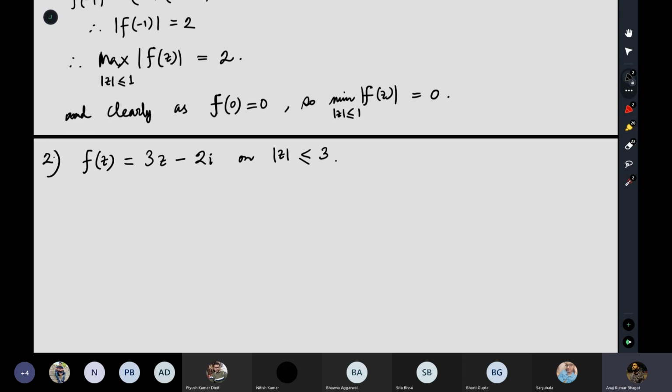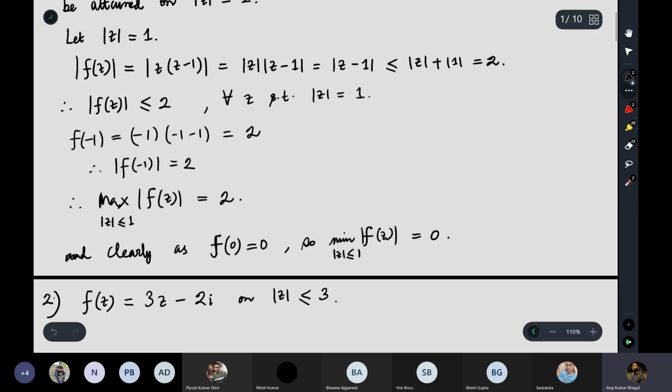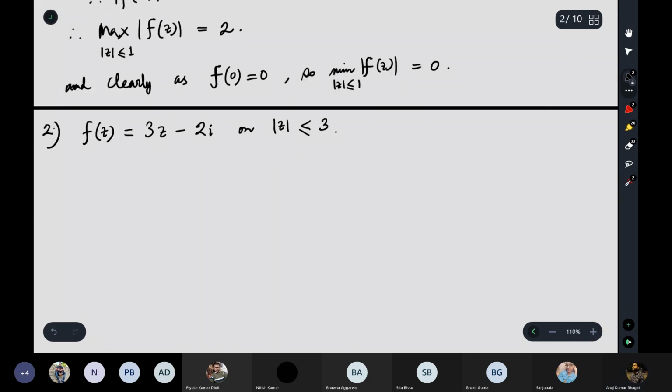If you follow one process this way, then also you can proceed. So one way is this: f(z) is analytic on mod z less than 3.